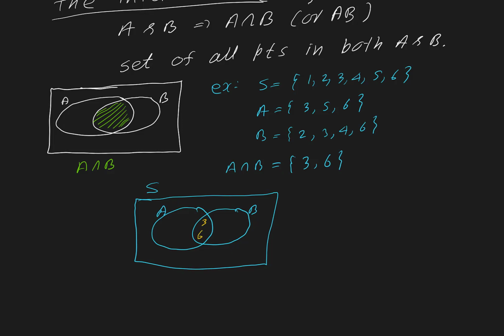Then go to A. A already has 3 and 6 but we need 5, which is only for A. Similarly, B has 3 and 6, then we need 2 and 4 only for B. Now check with the universal set. Actually 1 is not in A or B, so we need 1 outside of A and B. 2, 3, 4, 5, 6, yes, the rest of the elements are in A and B, which means they are included in S. Therefore, this is the Venn diagram for this example.